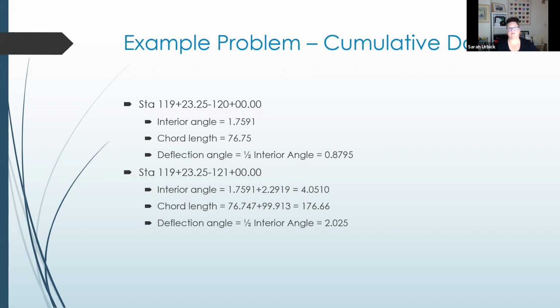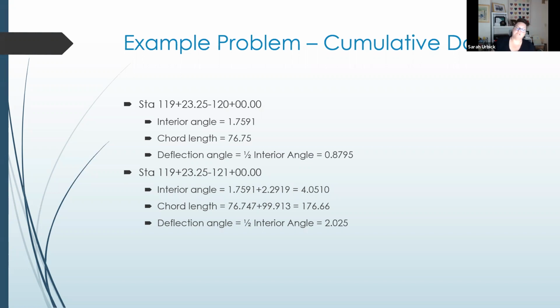Our chord length is the summation of our two chord lengths going out to that station. So here, 76.75 roughly from that first section, that first end cap, right? Our chord length, instead of being 100 feet along that arc, was 99.913, eight hundredths of a foot.